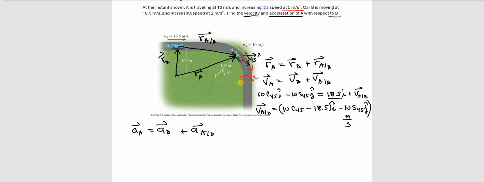In addition to that, A is undergoing circular motion. So A also has a centripetal acceleration that points this way, equal to v squared over r.